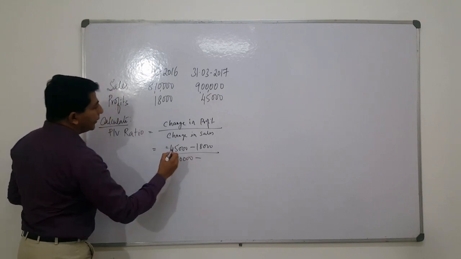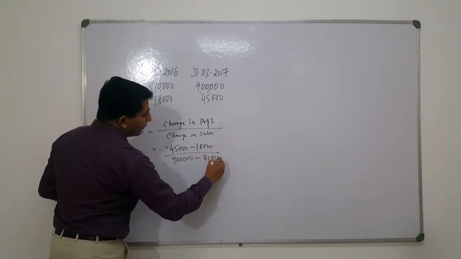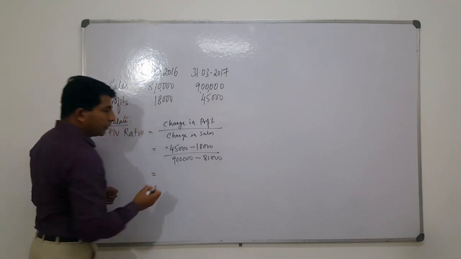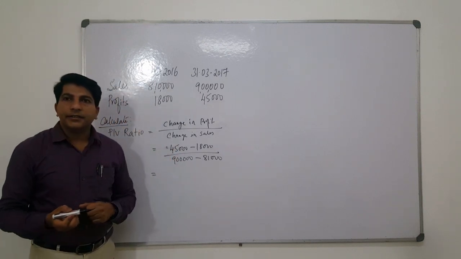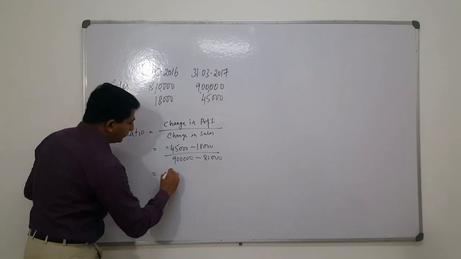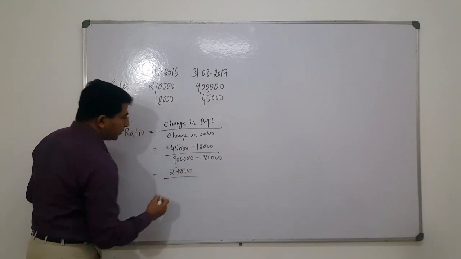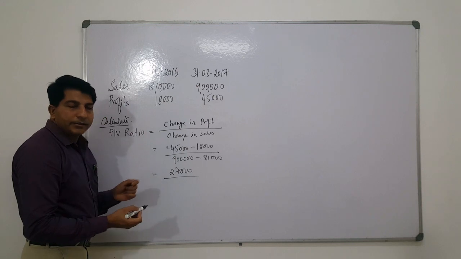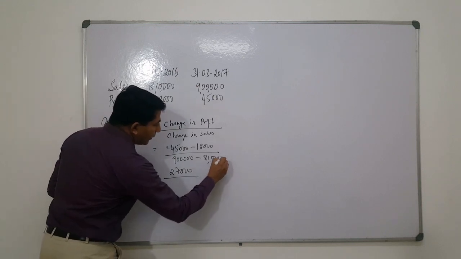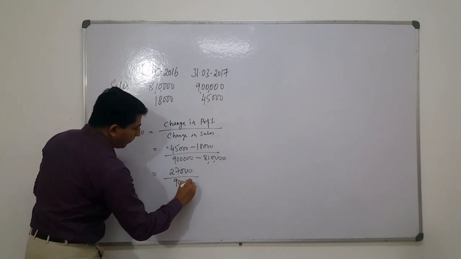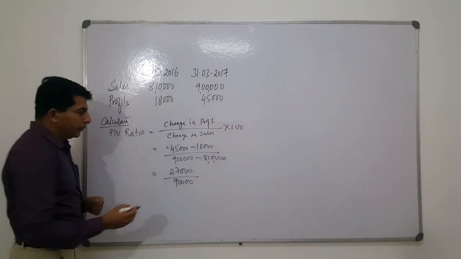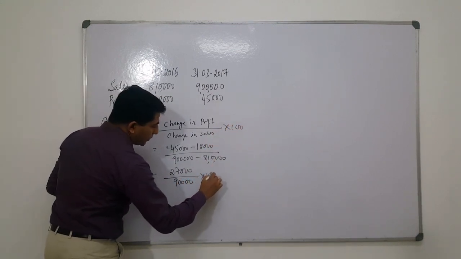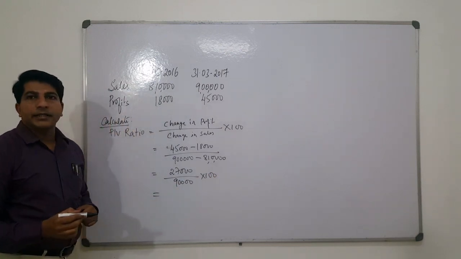Sales 9 lakh minus 8 lakh 10,000. So see the difference, 45,000 minus 18,000, 27,000. So if you multiply with 100%, you get the rate in percentage.